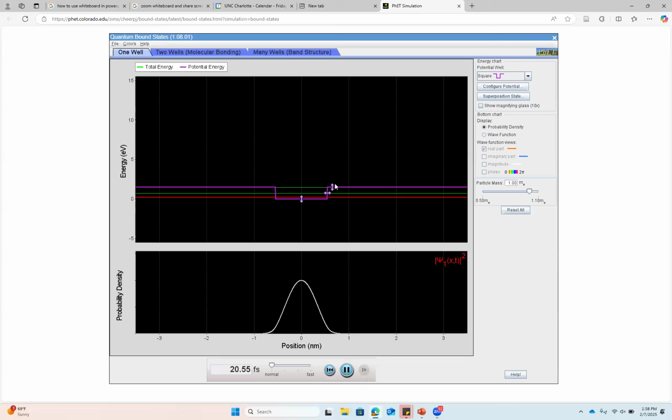So if you make this depth very shallow, that means you bring your V naught down, then V minus E is also going to go low. That means alpha will go low. So if alpha goes low, then this exponential function would spread out even further. Okay. So this is the reason when you make the well shallower or deeper.